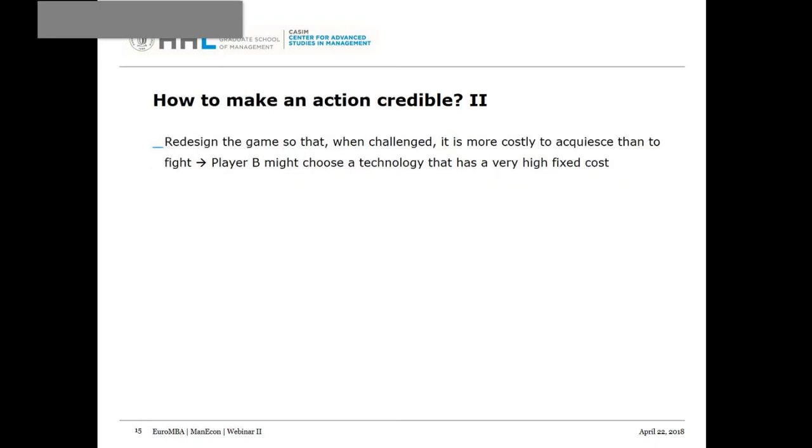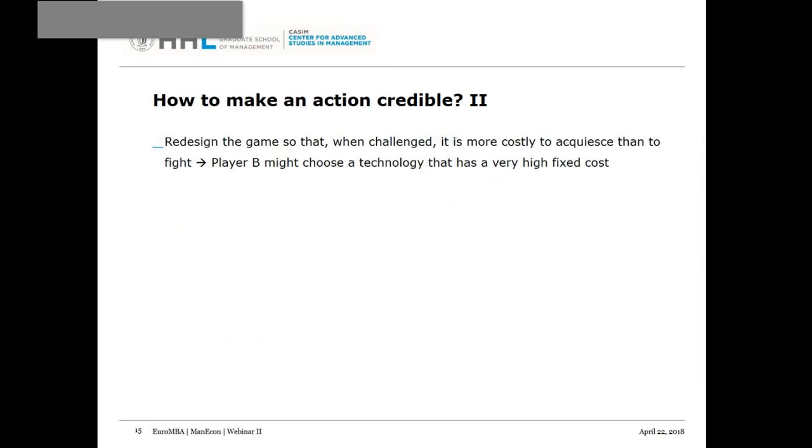An alternative approach to changing the game, and now I move more towards the threat game. We can think of firms, and one way to make this fighting aspect more credible is by limiting its kind of choices, for instance, or changing the payoffs respectively.